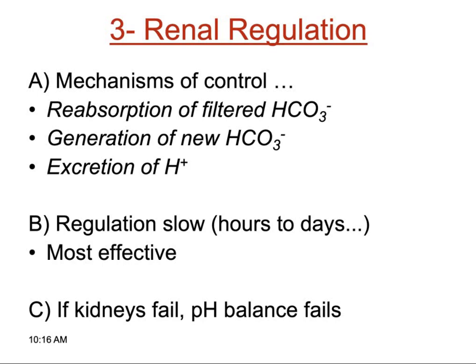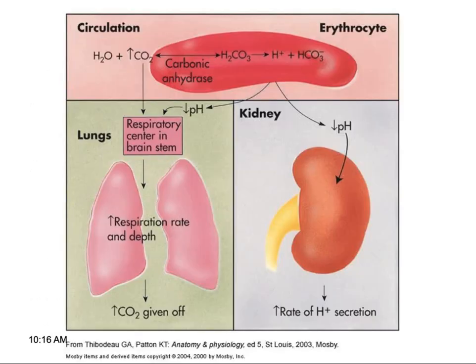Perhaps in the renal physiology lecture, you must have read about the acidification of urine. There are largely three mechanisms within the kidney. The first one is reabsorption of filtered bicarbonate. Second is generation of new bicarbonate, and third is excretion of hydrogen ions. This probably must have been covered already, but this is how the kidneys regulate the pH.